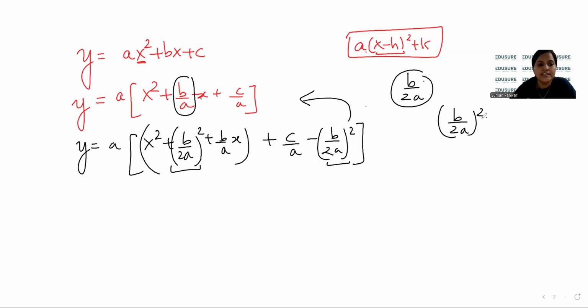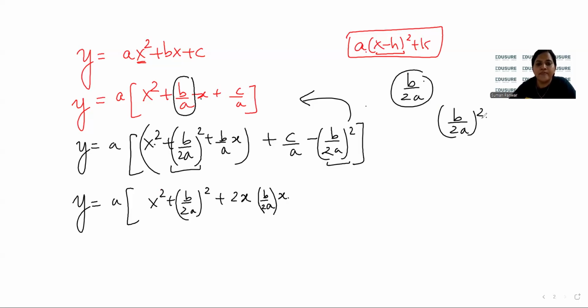So now let us look very carefully. This is x square plus (b by 2a) whole square plus 2 times x times b by 2a, plus c by a minus (b by 2a) whole square.